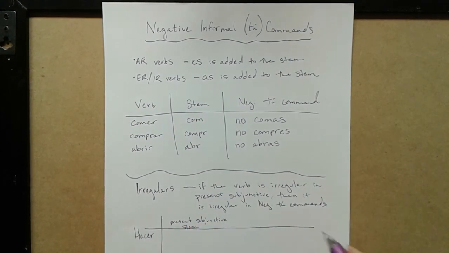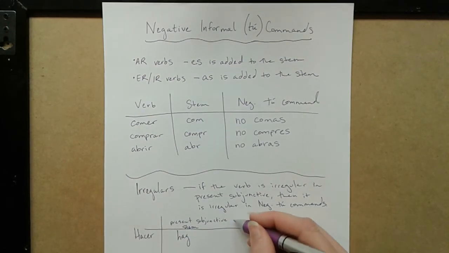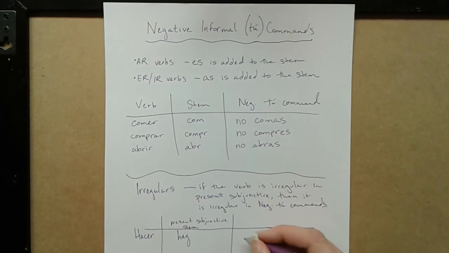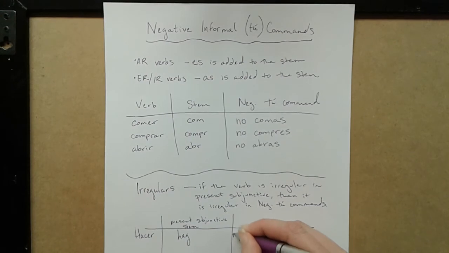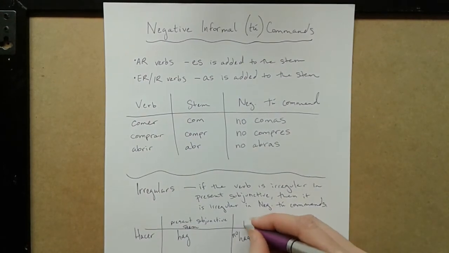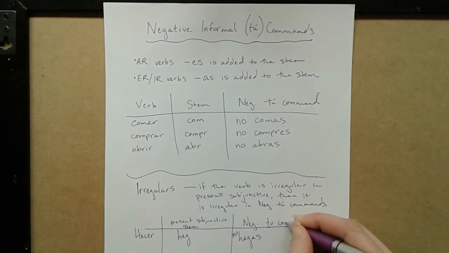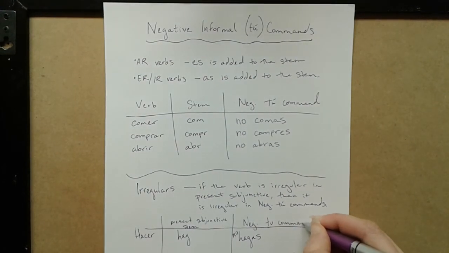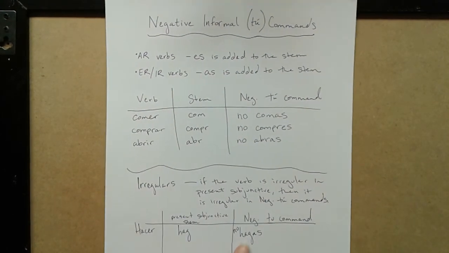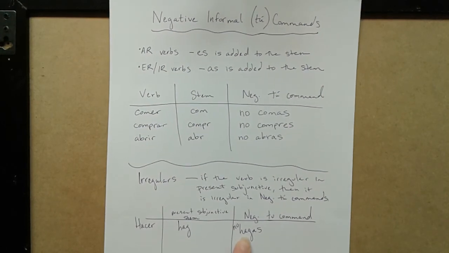So, in present subjunctive, your stem's like hag. And so it's also irregular in your ending because hagas, no hagas, would be your tú command. This means don't do or make. No hagas esto, don't do that.